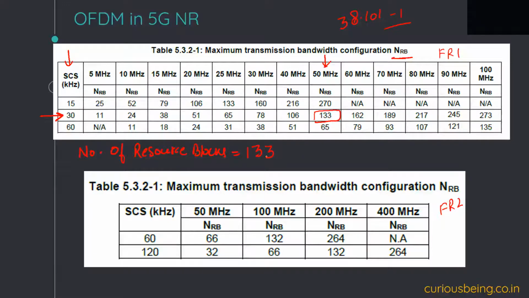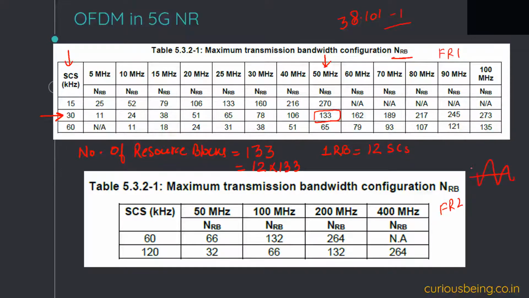Just wait for one more minute. I will relate it with something that we have understood. We know that in one resource block, there are 12 subcarriers. So for this particular case, 50 megahertz and 30 kilohertz, the number of subcarriers is 12 times 133. We drew that, right?